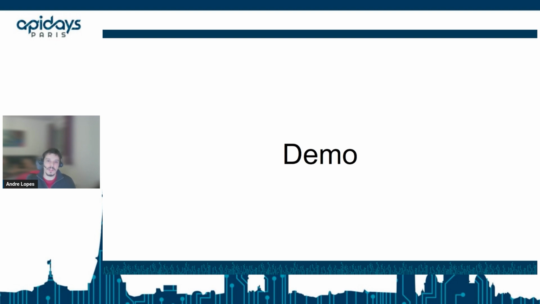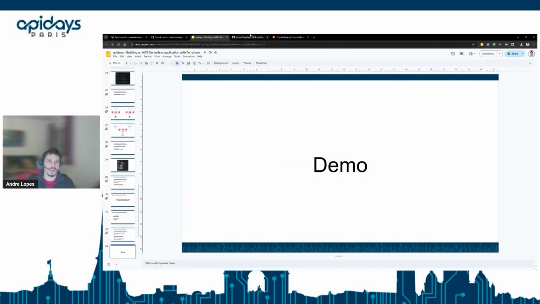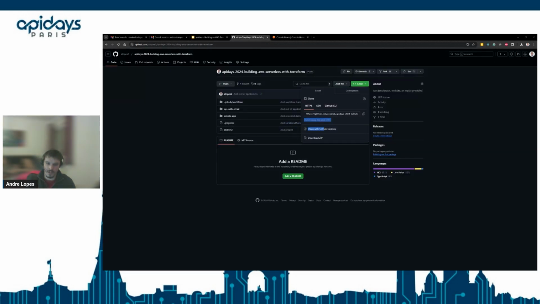So, okay, now I want to demo the creation of an API. I'm going to just show here, we have this code here with API with email. We have 3 Lambda functions. One Lambda function for creating movie, just creating data.